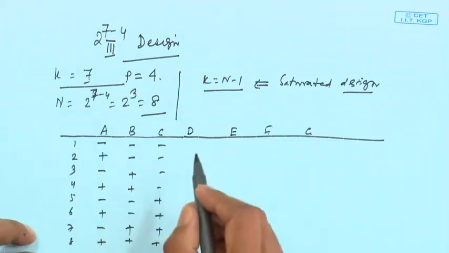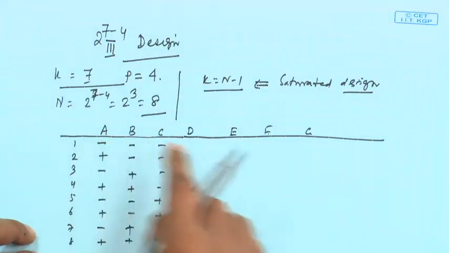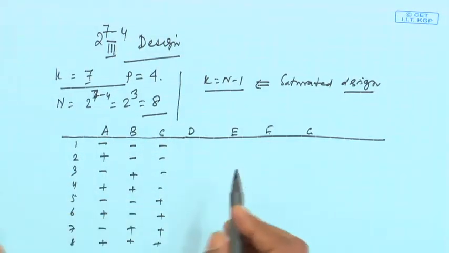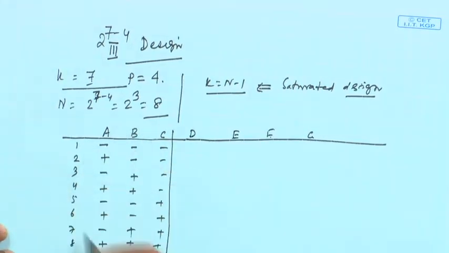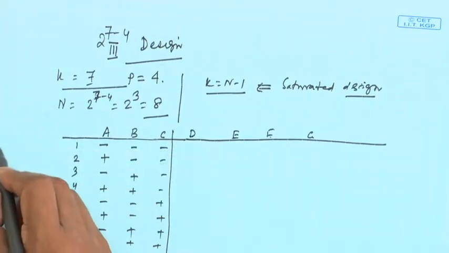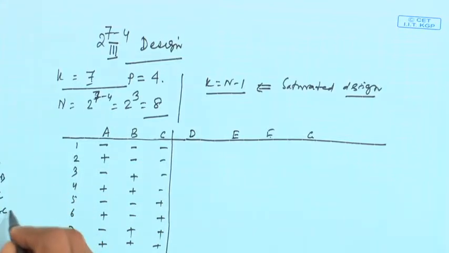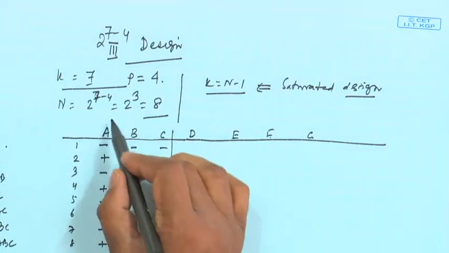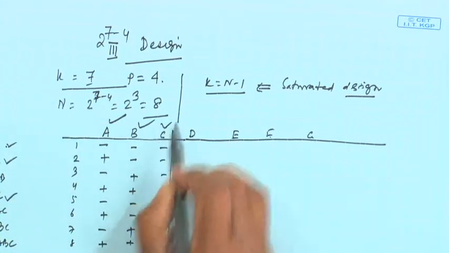How many parameters do you require to estimate here? 7, excluding the mean value. In a 2 to the power 3 design, we estimate A, B, C, AB, AC, BC, ABC. A, B and C are fine.